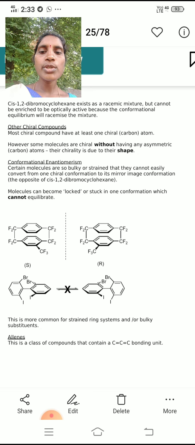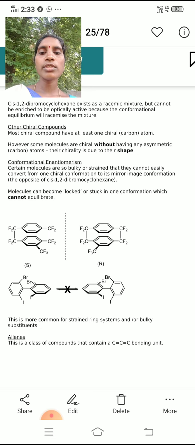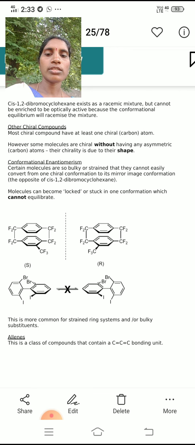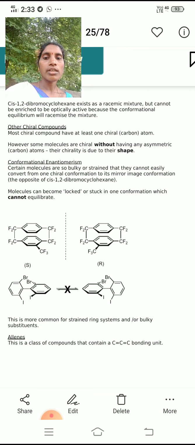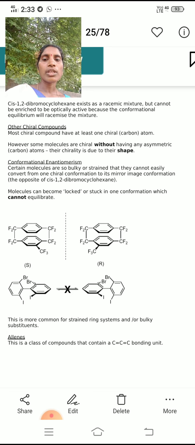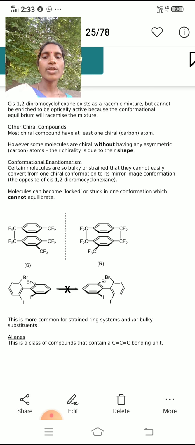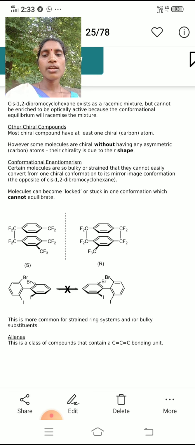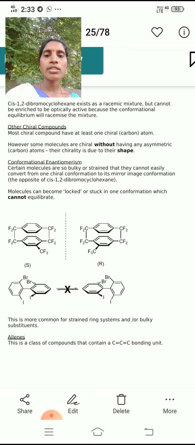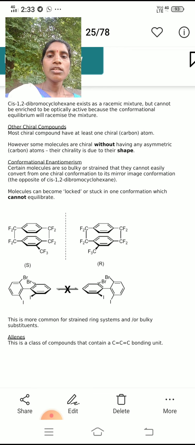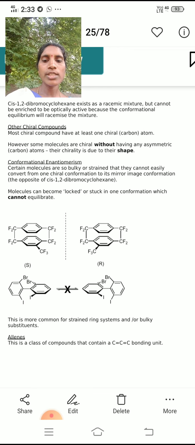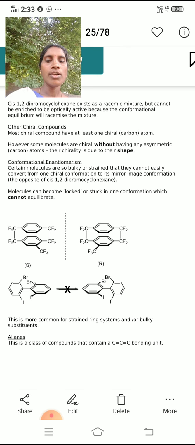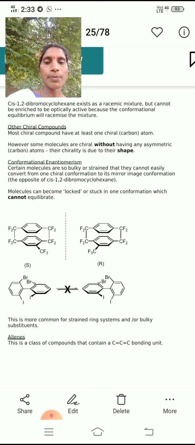That is the opposite of cis-1,2-dibromocyclohexane. The molecules can become locked in one conformation only, which cannot equilibrate. That means it cannot be converted into another conformation because of the bulkiness or strained rings. So this is more common for strained ring systems and bulky substances.